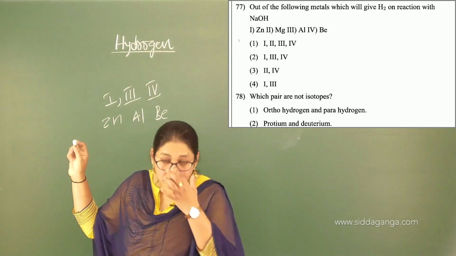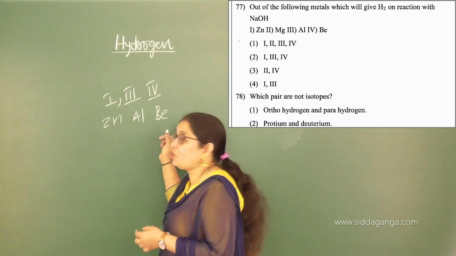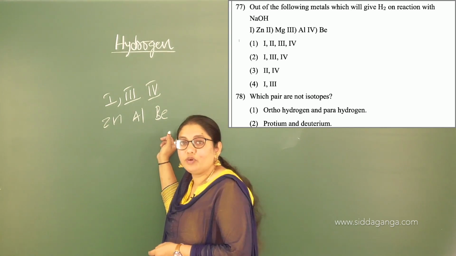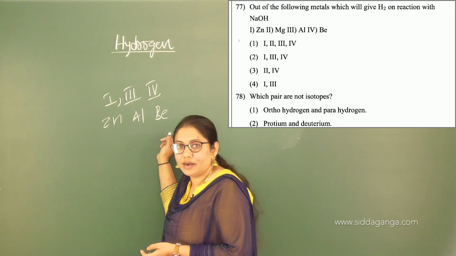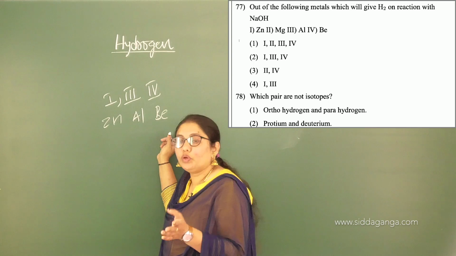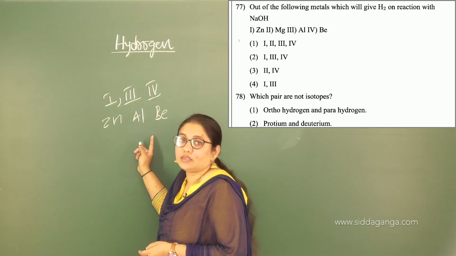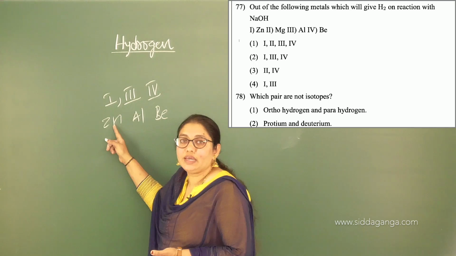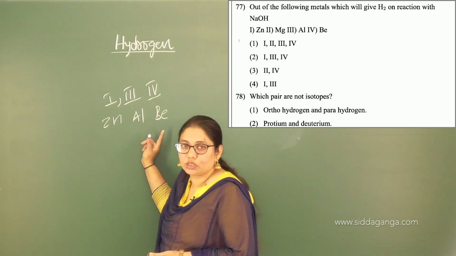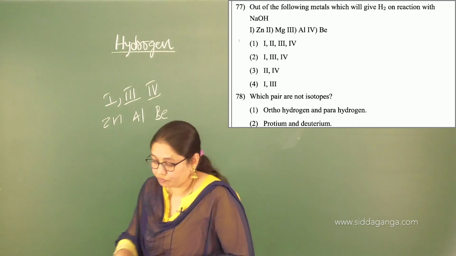All these three are amphoteric in nature, that's why they will react with NaOH to give hydrogen gas. You can take simply NaOH plus zinc: it will form the zincate with the formation of dihydrogen. So next one.